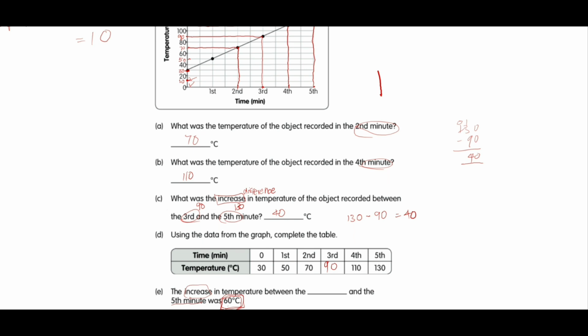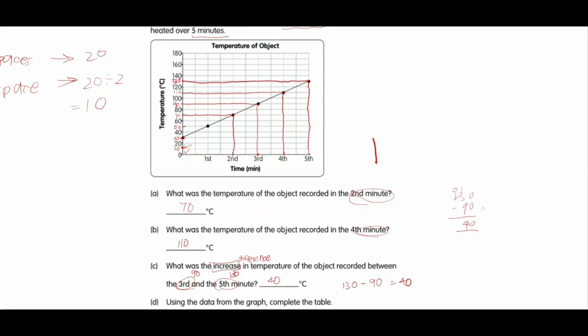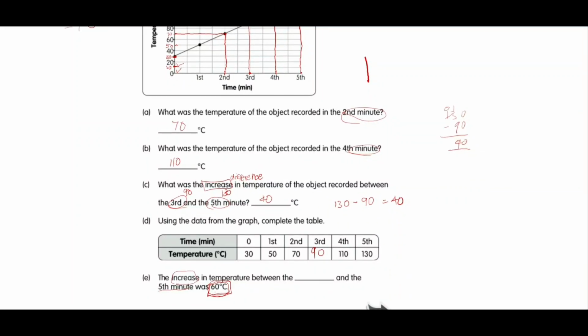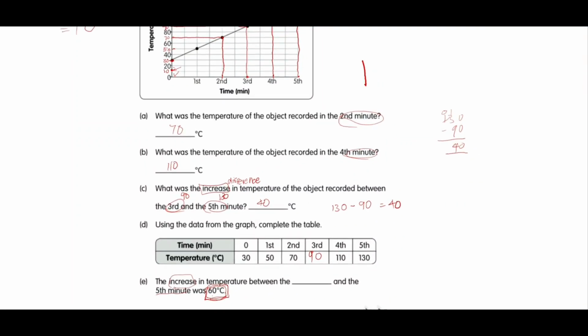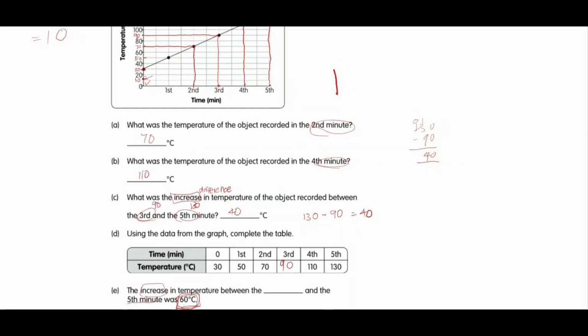Let's look at where is the 5th minute. This is the 5th minute. So we want to find the increase in temperature between which minute to the 5th minute is 60 degrees.